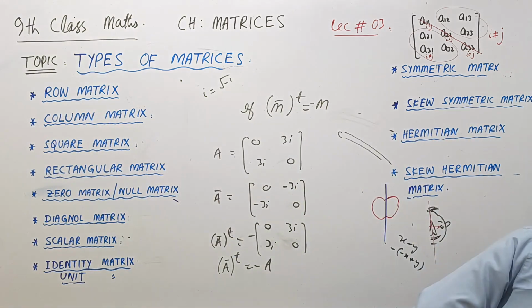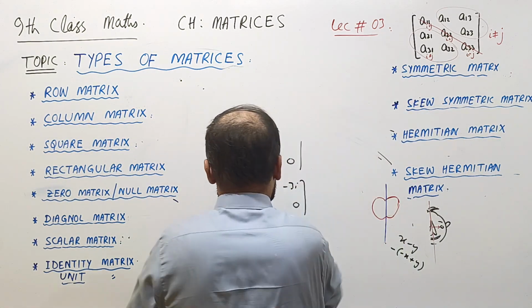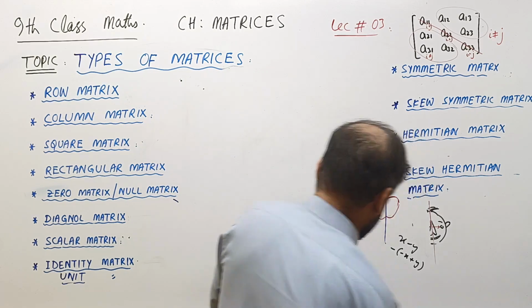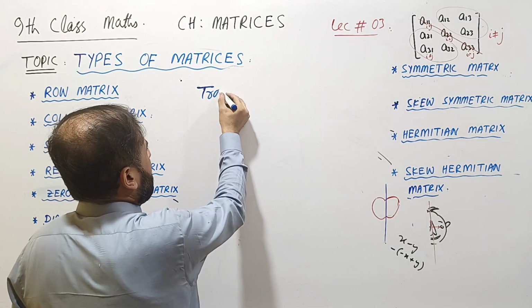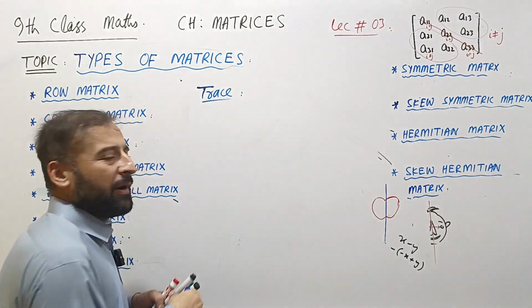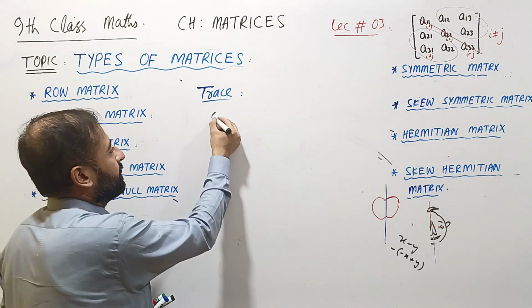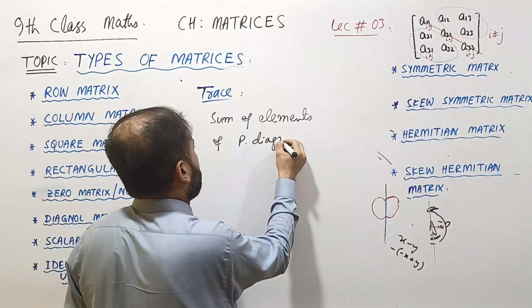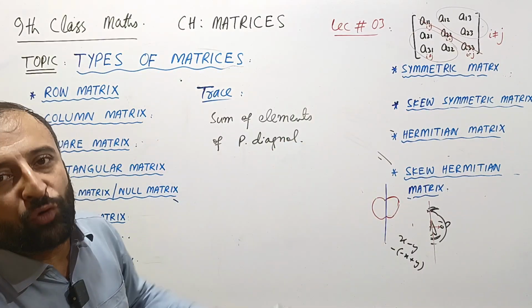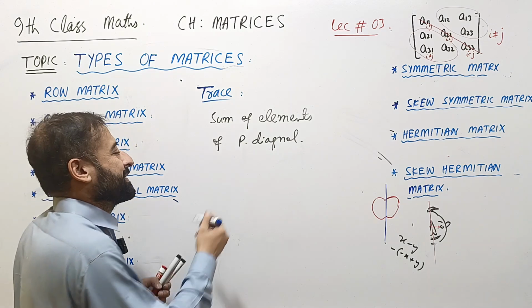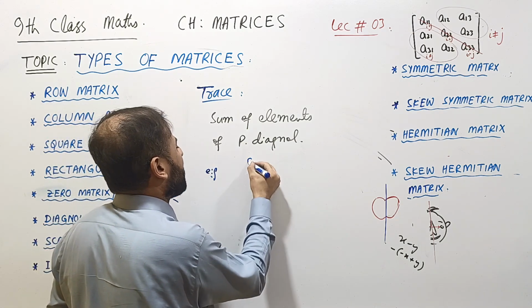And at the end, I am giving you a topic called the trace of a matrix. What is meant by trace? Sum of elements of the principal diagonal. Of course, he is talking about a square matrix.